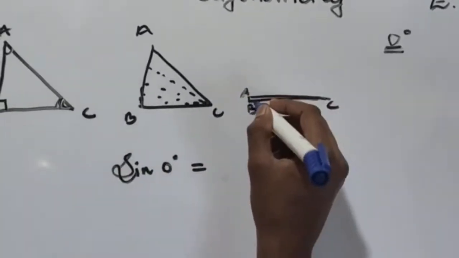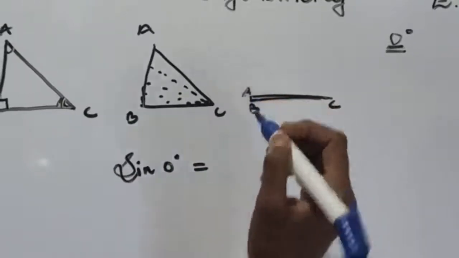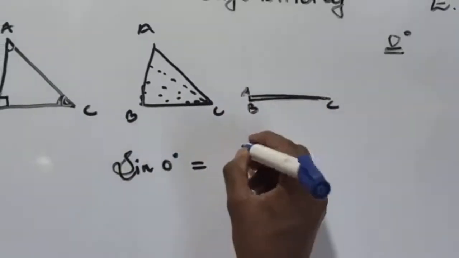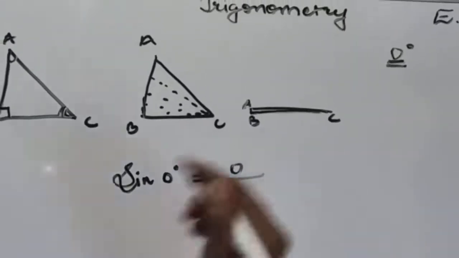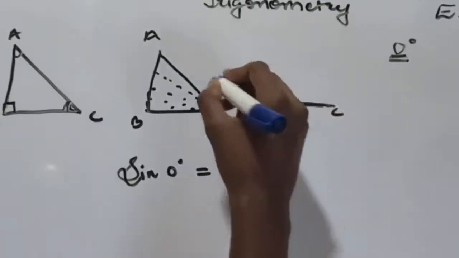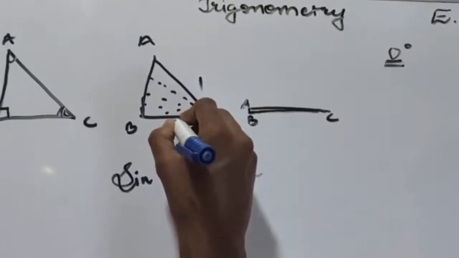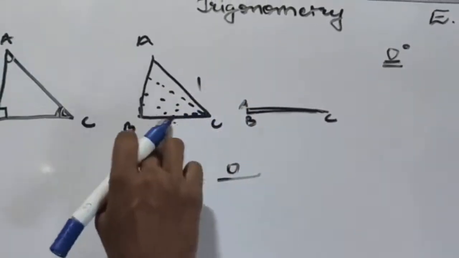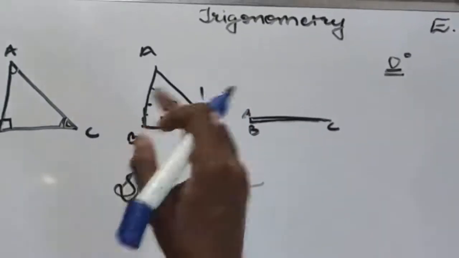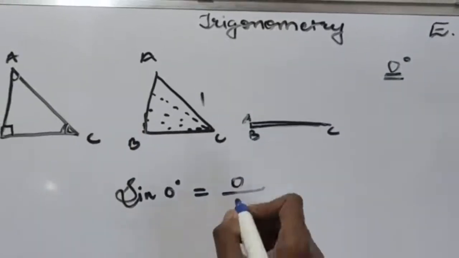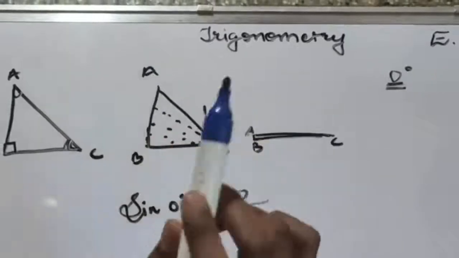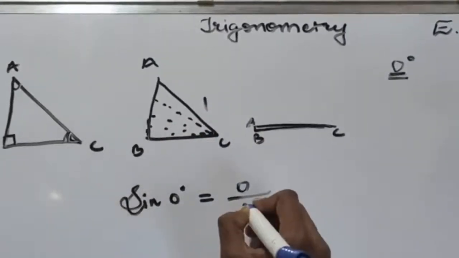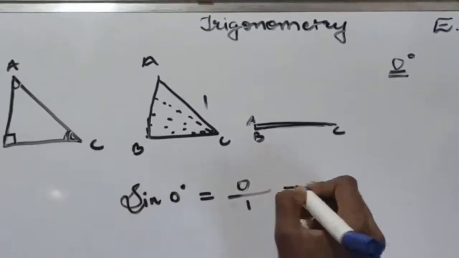Here, the length of side AB is near 0, so let us assume it as 0. And side AC, we can take it as 1. So sine 0 degree will be 0 upon 1, which is nothing but 0.